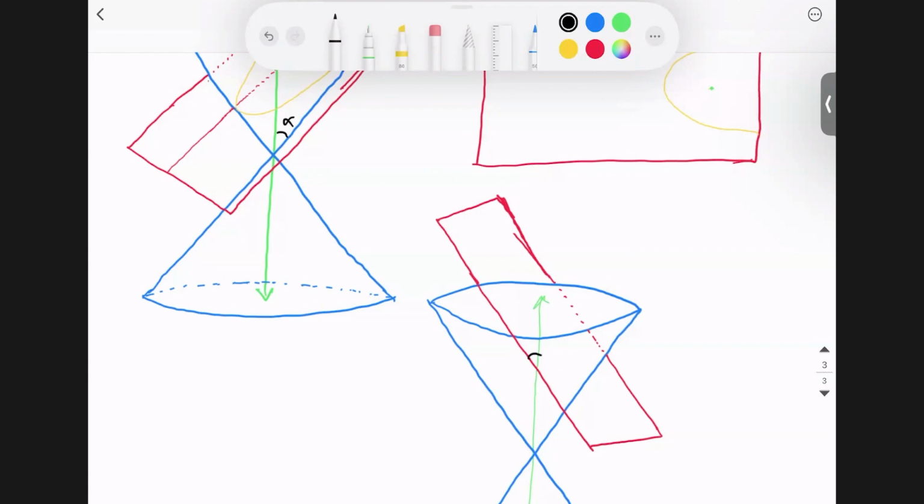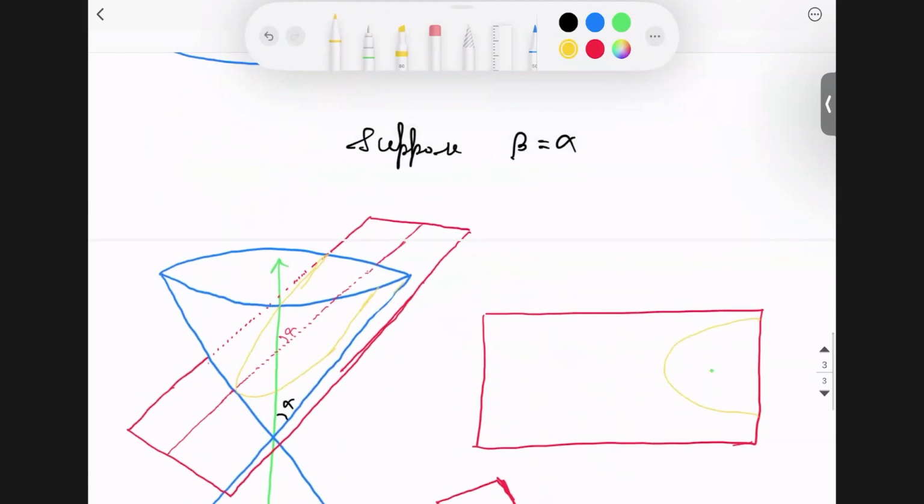You can see this angle and this angle are the same angle. Both are alpha here. Okay, so thus we can find the parabola.